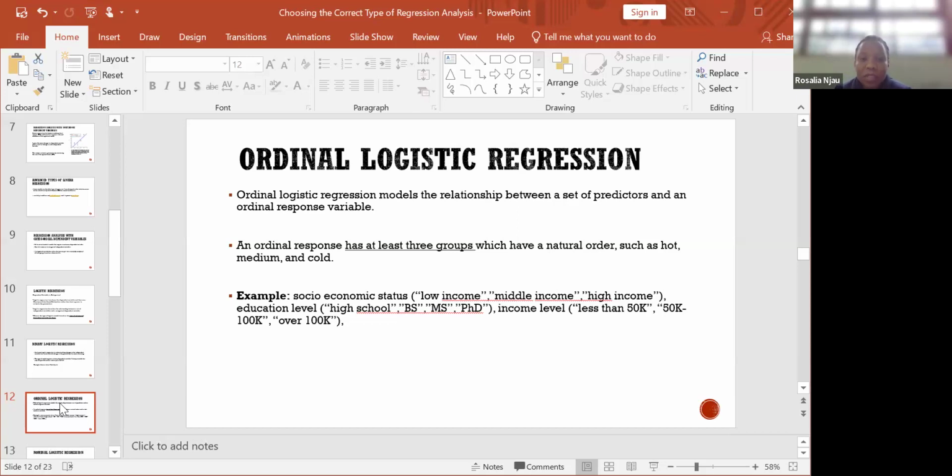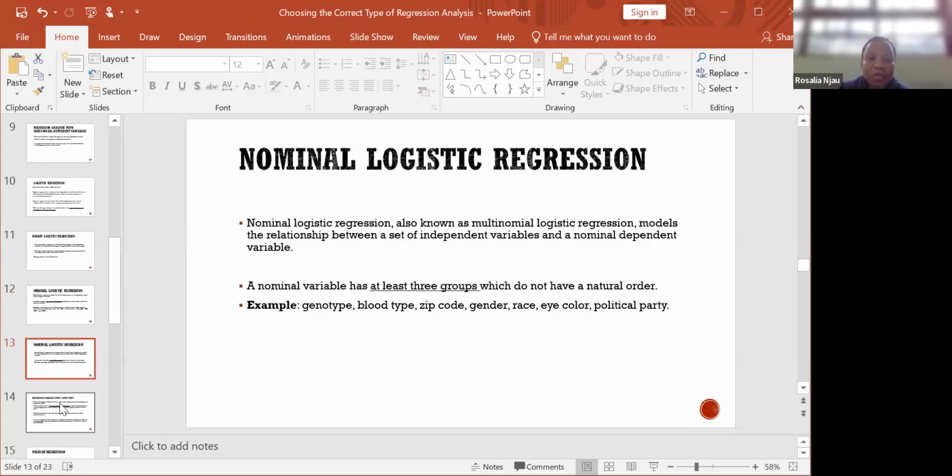You see there are levels there. Other examples are socioeconomic status: low income, middle income, high income; education level: high school, bachelor's, master's, PhD. You see there are levels within these variables. In this case, ordinal logistic regression is appropriate to use.